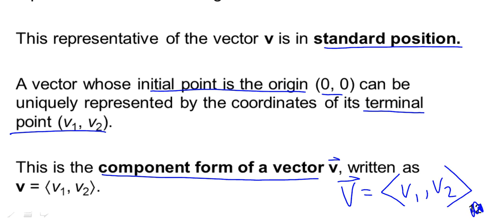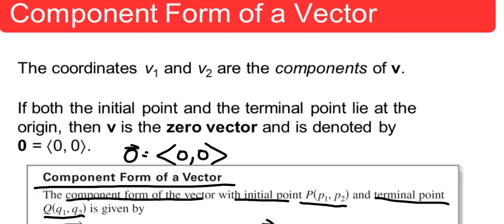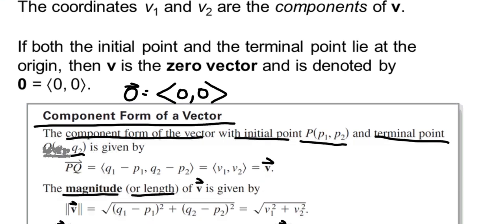And you'll notice u, v, and w are very commonly used vector variables, just like we use x and y, and theta for angles. So then here is the component form of a vector.